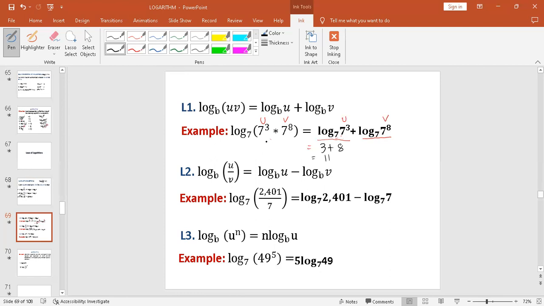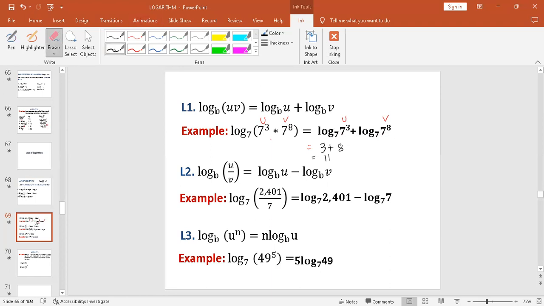So the answer in this example is 11. So 'di ba? Basta define yung values at alam natin kung paano gamitin yung properties and laws, pwede tayong makakuha ng sagot without using scientific calculator. Okay?